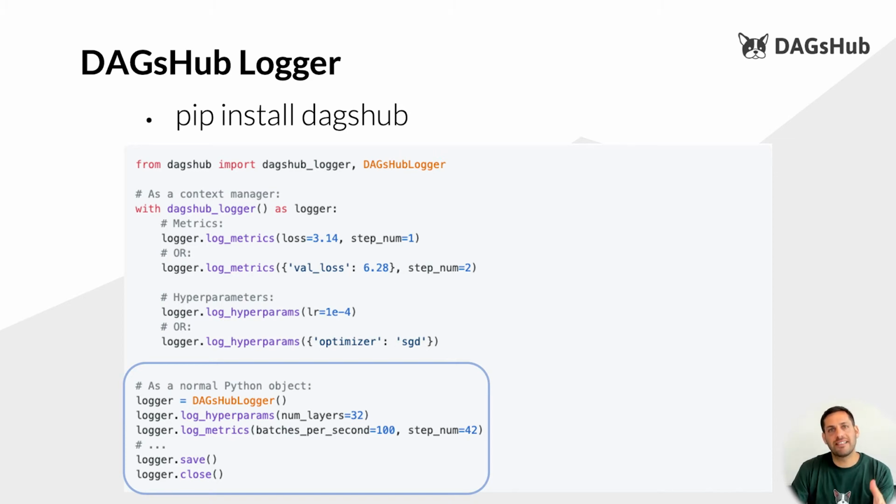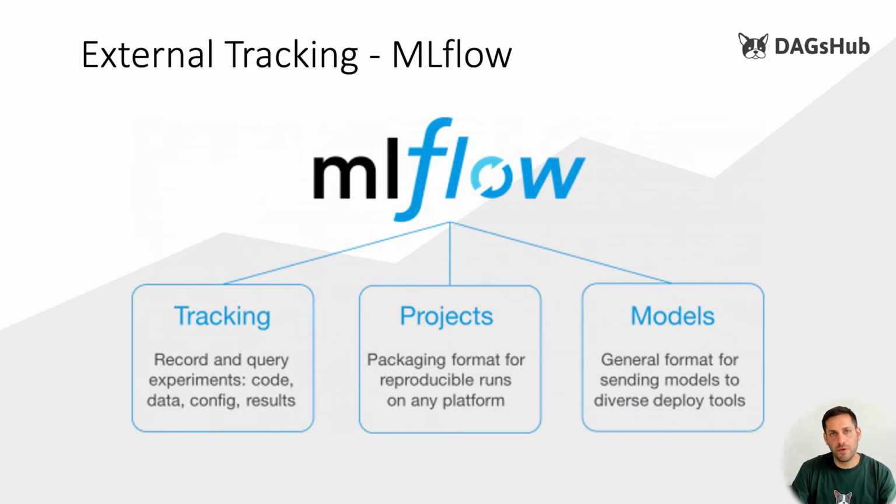The next tool that DagsHub supports for logging experiments is MLflow. MLflow is an open source tool for managing the end-to-end machine learning lifecycle. It tackles 4 primary functions, which are MLflow tracking, MLflow projects, models, and model registry.